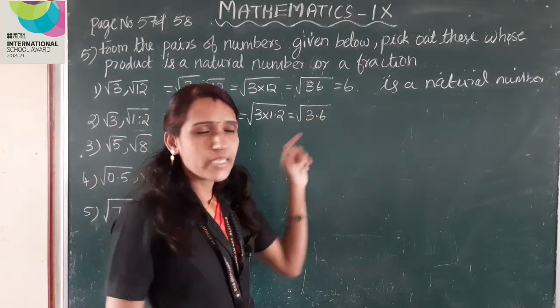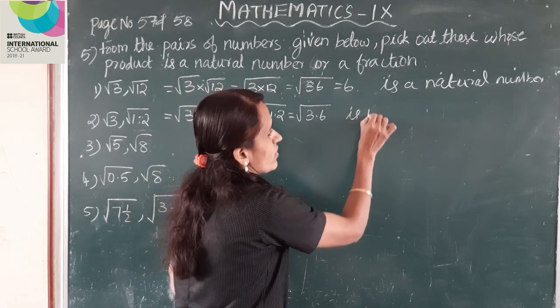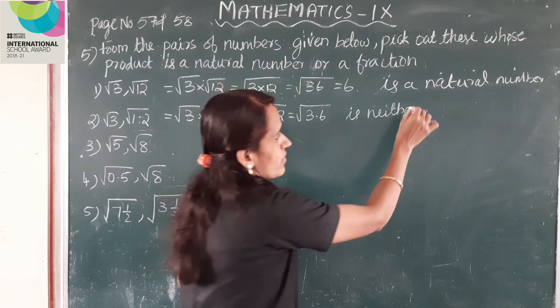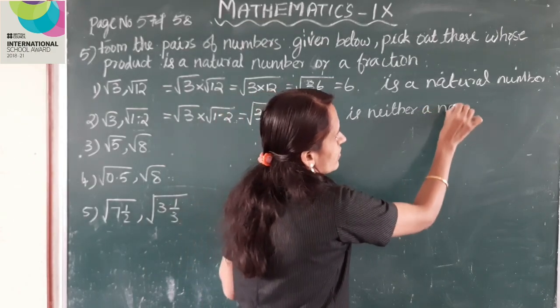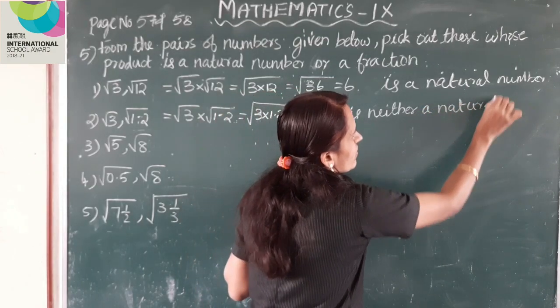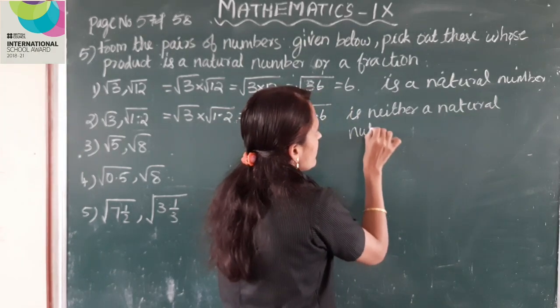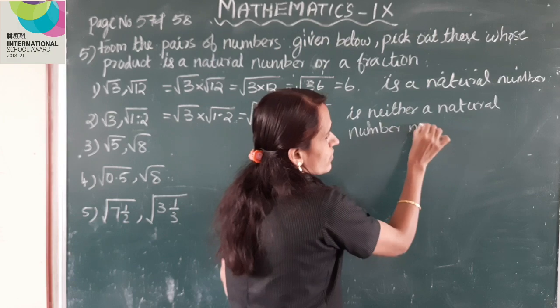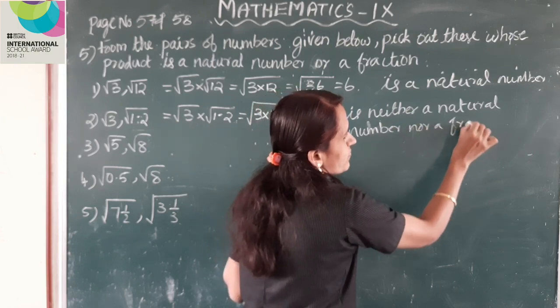Root 3.6 is neither a natural number nor a fraction.